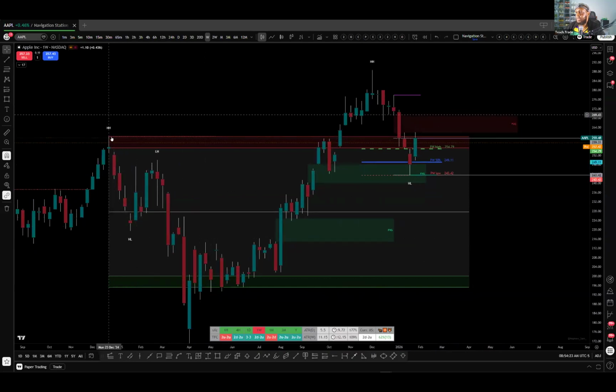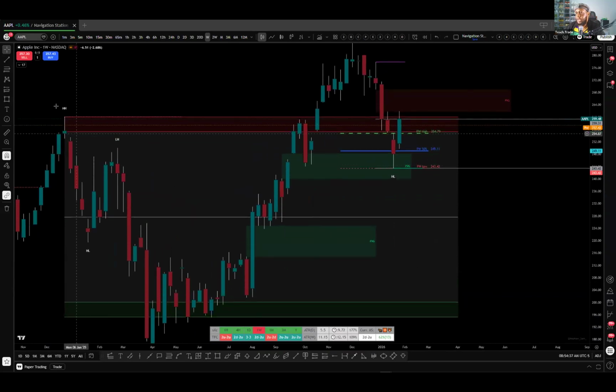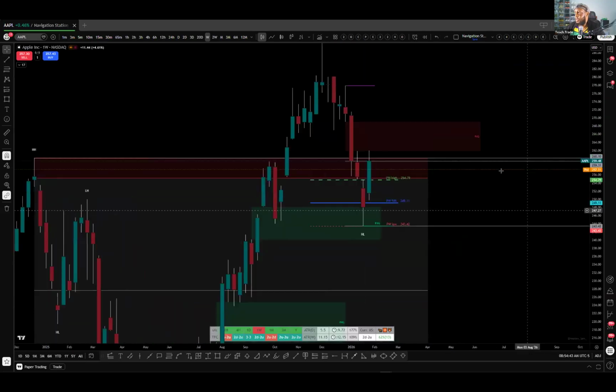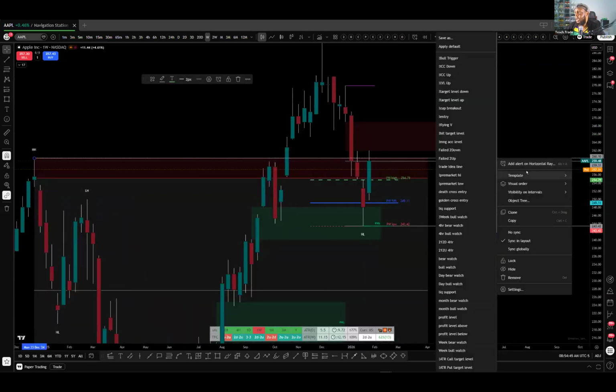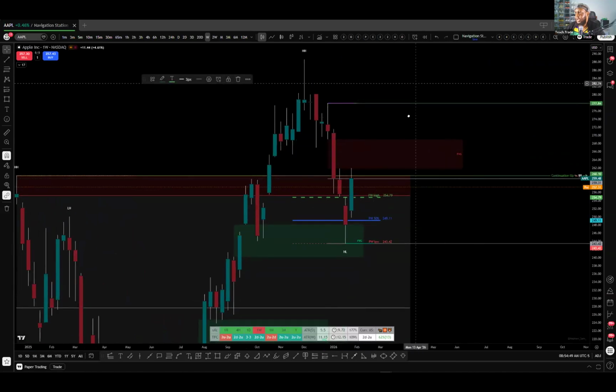So they set their stops up here, took out this level of resistance, and then came back inside of this box, found the fair value gap on the weekly that could potentially be acting as support. And what I would really want to see is Apple break back and hold above the swing high again, let's say 260. And then we can see if it can continue up to take out these swing highs up here.